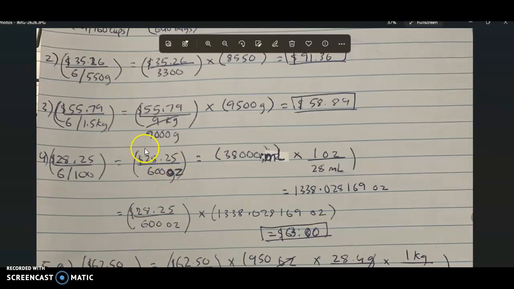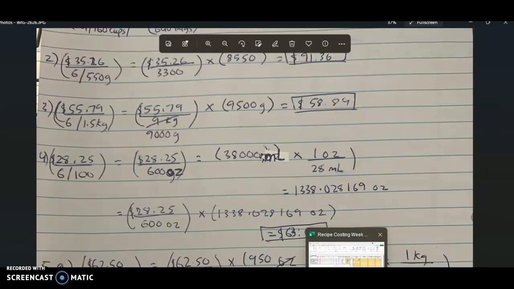I converted the kgs to grams. So we had 9 kgs, so I converted into 9,000 grams. So then we would do 55.79 divided by 9,000 times 9,500 grams, and we get 58.89 as our price.